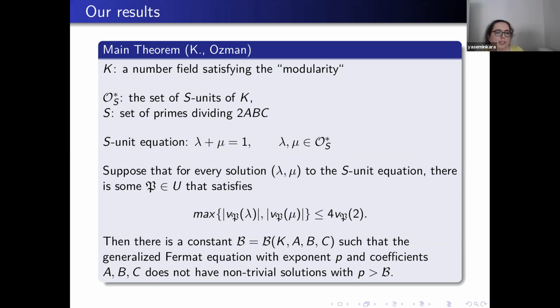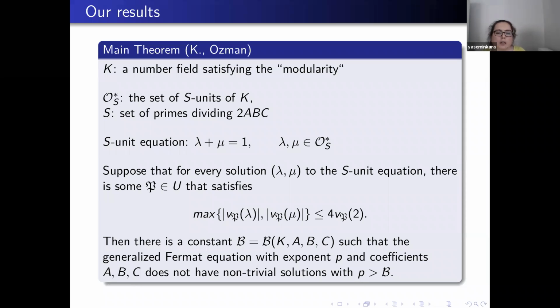Here your S is the set of primes dividing 2abc. You have your S-unit equation, and then you suppose that for every solution of this S-unit equation, you can find a prime in U, where this U is a subset of S which has some nice properties, which I didn't write here.